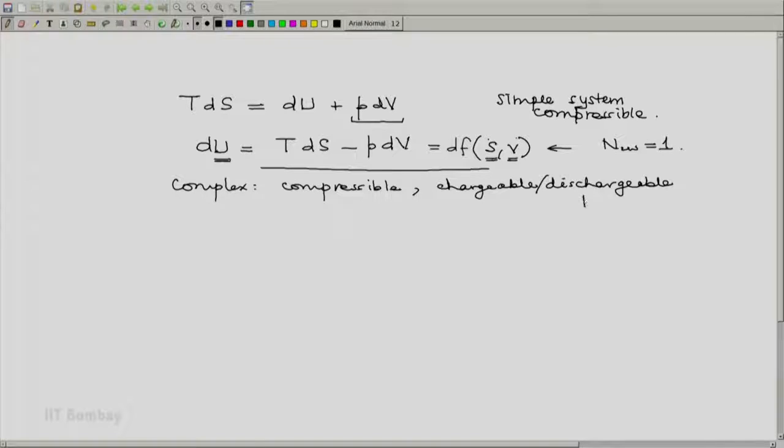So here the number of two-way work modes is 2, and the basic property relation will now reflect the second work mode also.